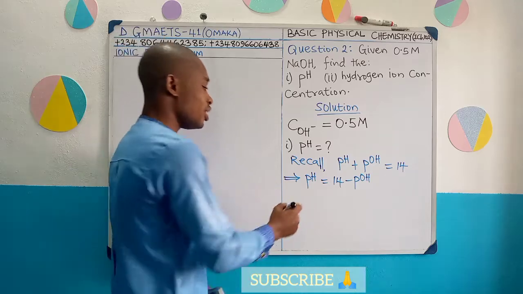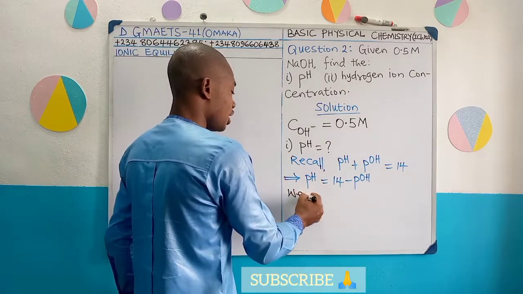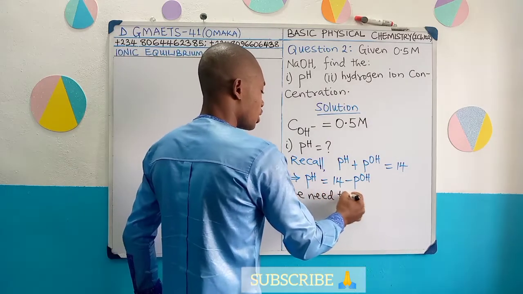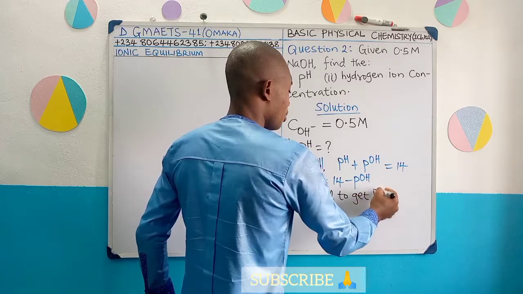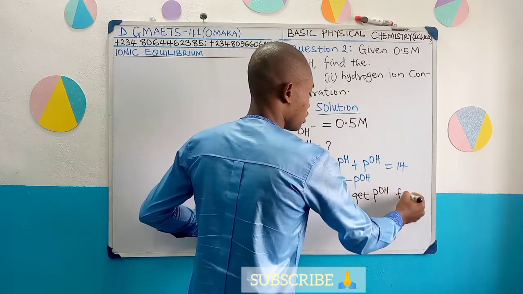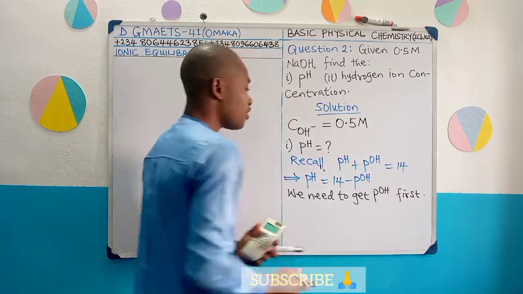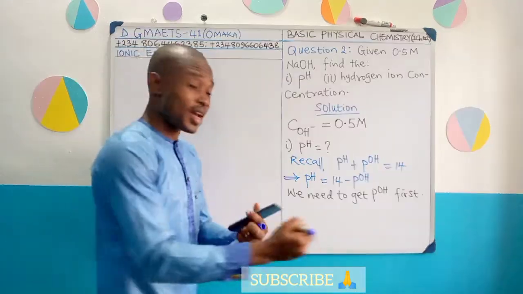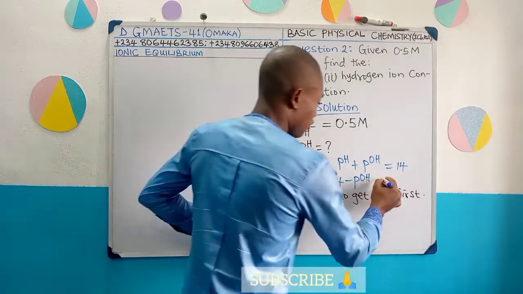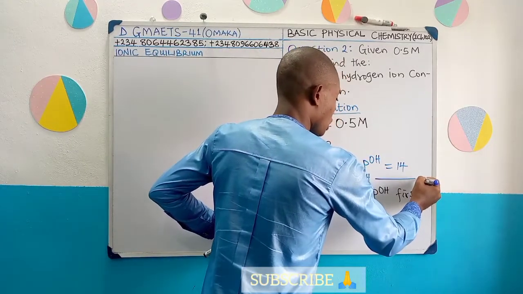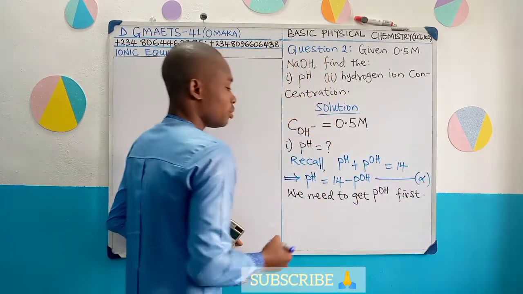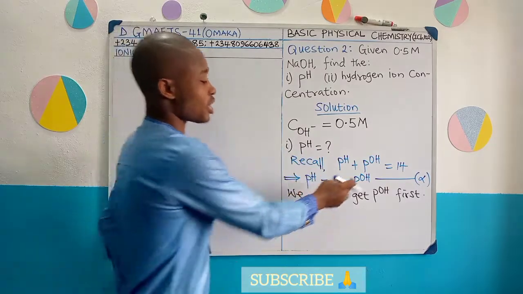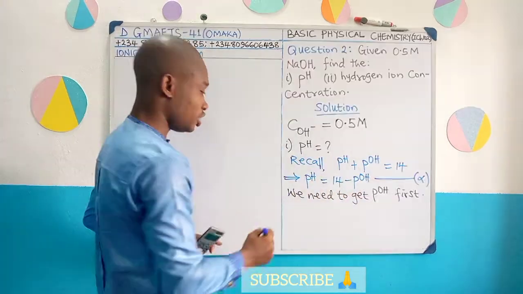So you see clearly that we need to get pOH first. And good enough, we have the hydroxyl ion concentration, so we can actually get the value of pOH. Before then, let me take note of this equation. Let me call this equation alpha, because I'll substitute into it once I get my pOH.